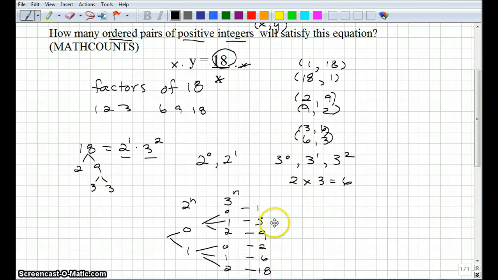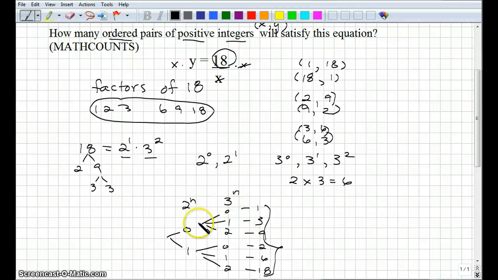So we get the same 6 factors that we figured out before. We just figured them out in more of a counting way, so that's another way to figure it out.